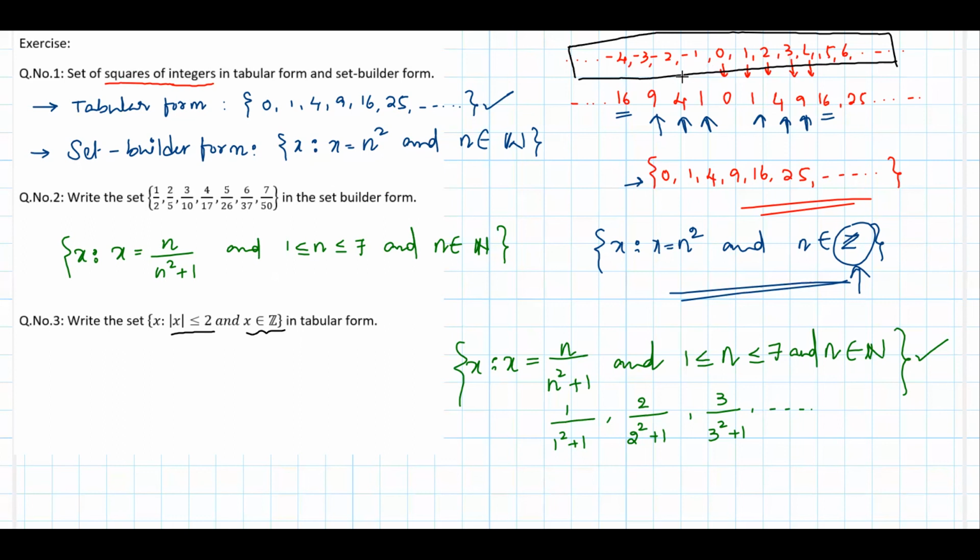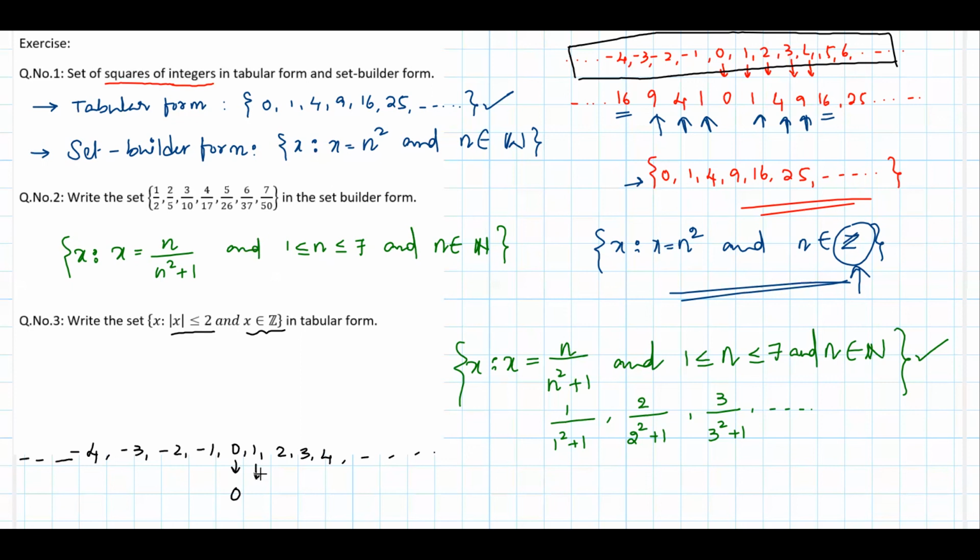Now, if you apply modulus to each and every value, it's supposed to be less than or equal to 2. All right. So let's write these values here again: -4, -3, -2, -1, 0, 1, 2, 3, 4. Right. So these are the integers. If I apply mod to 0, what am I going to get? 0.